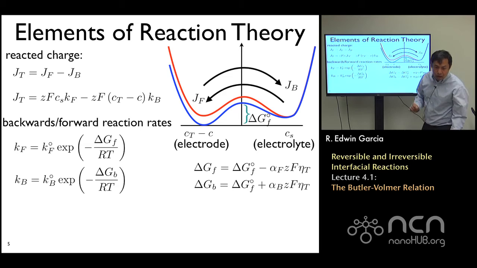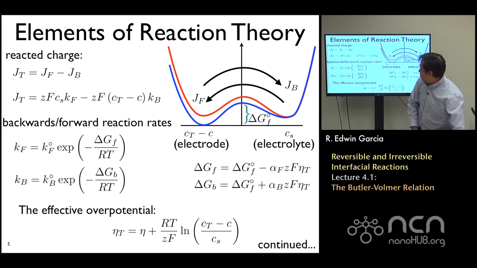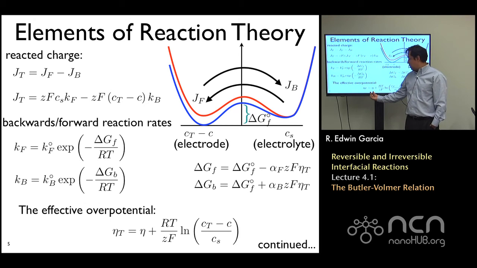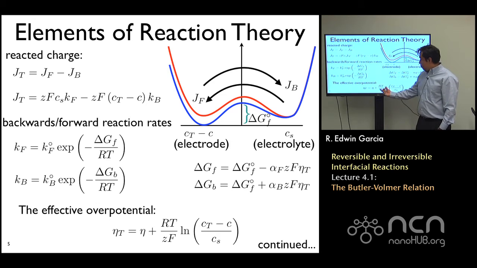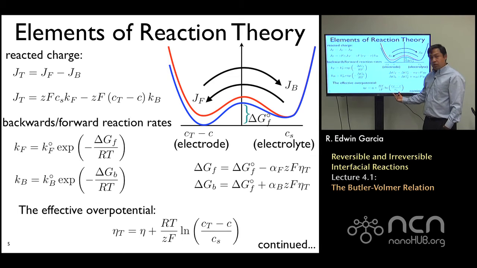Okay, now, if you account for that, you can effectively define an overpotential for the whole thing. Actually, if you think about it, this really relates to the chemical potential of the system, because we have a potential associated to the system, plus the chemical potential associated to what's occurring in the solid minus the chemical potential of what's occurring in the electrolyte.